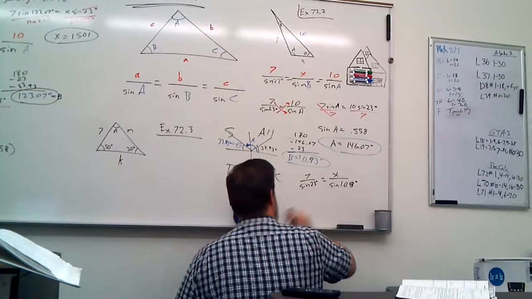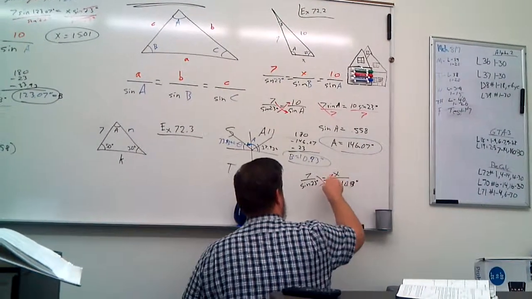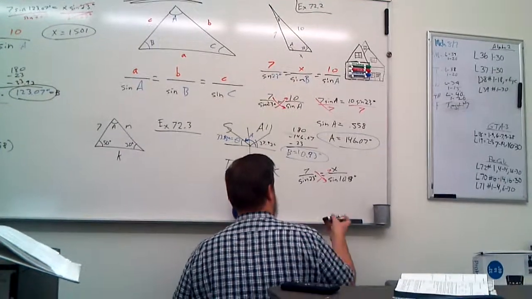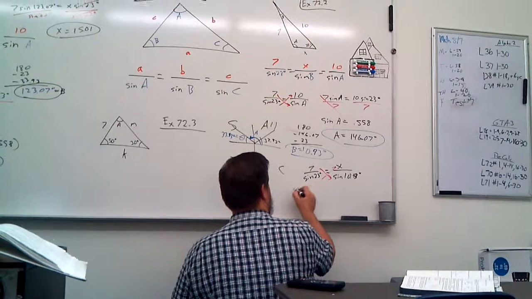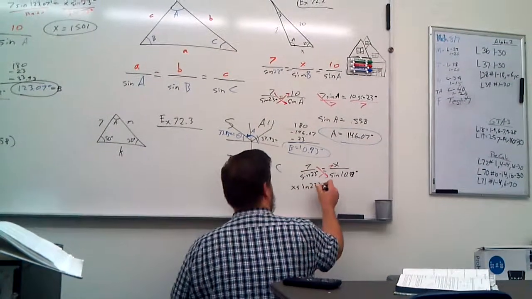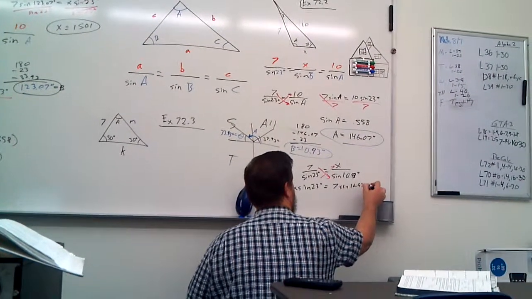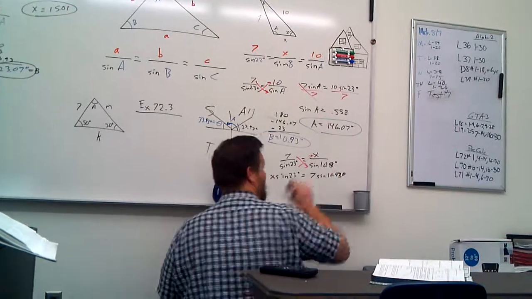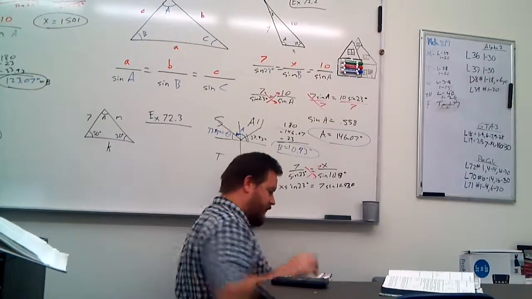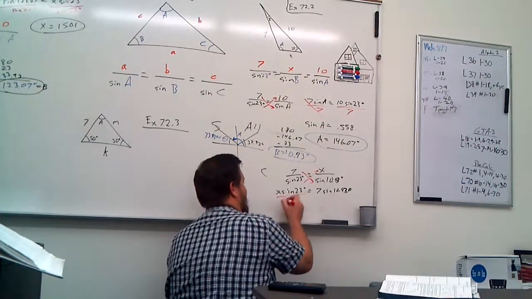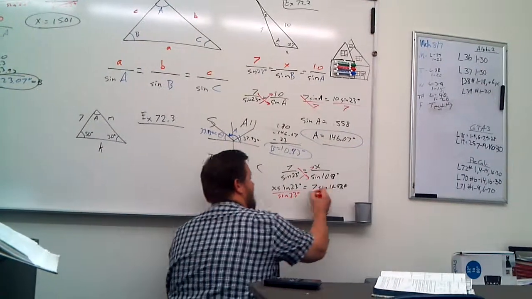That's a 3, in case you were wondering. Again, cross multiply, and we've got x times the sine of 23 degrees equals 7 times the sine of 10.93 degrees. And this is where you have to make sure you have your calculator handy, and you know that it's in degree mode. I know I said that already, but I'm saying it again because it's easy to forget.